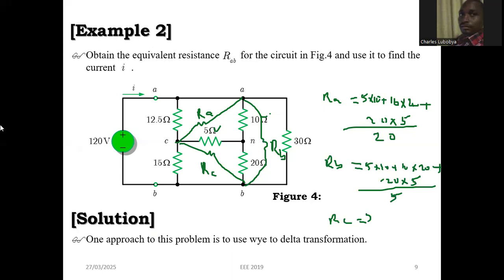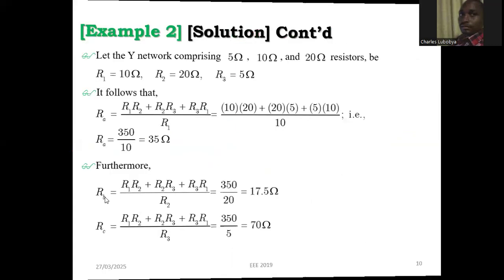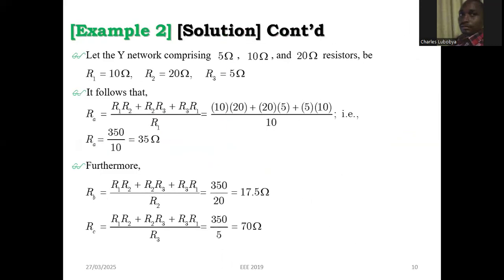So when you do that, you end up having a scenario as shown here, with your RA being equal to 35, your RB equal to 17.5, your RC equal to 70.